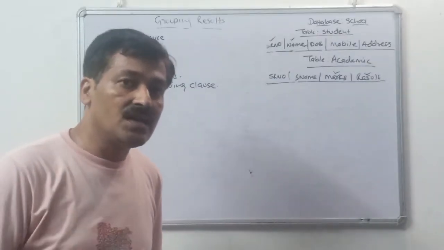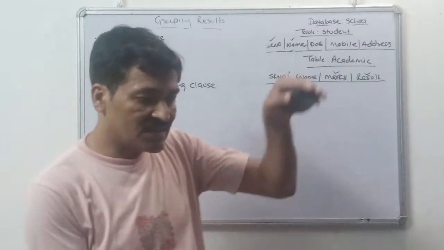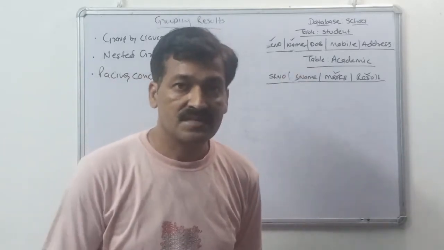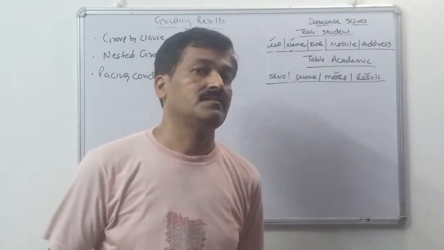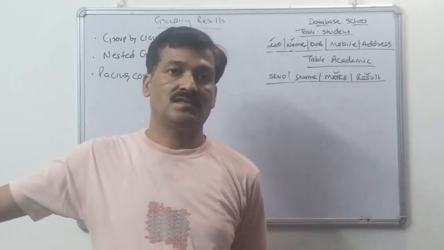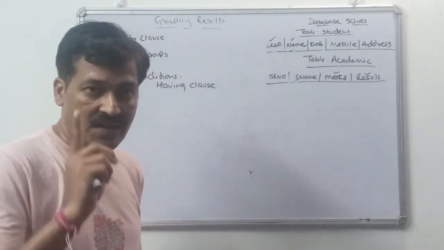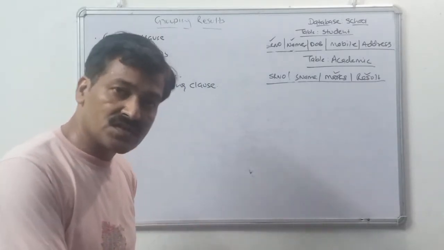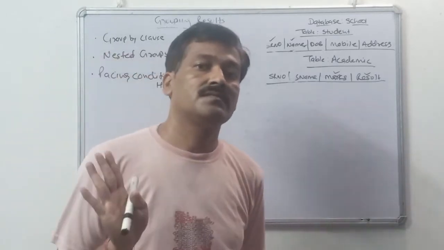Aggregate functions are used to produce a single valued result from a set of values. Count gives the total number of employees in each category. Average gives the average salary. So everywhere the group by clause is used, any of the aggregate functions will be used. It is compulsory.